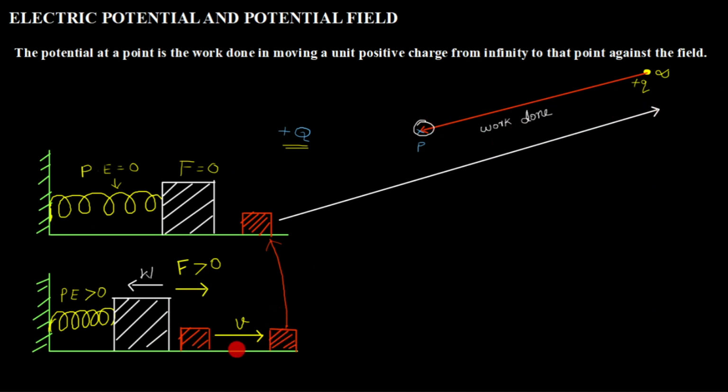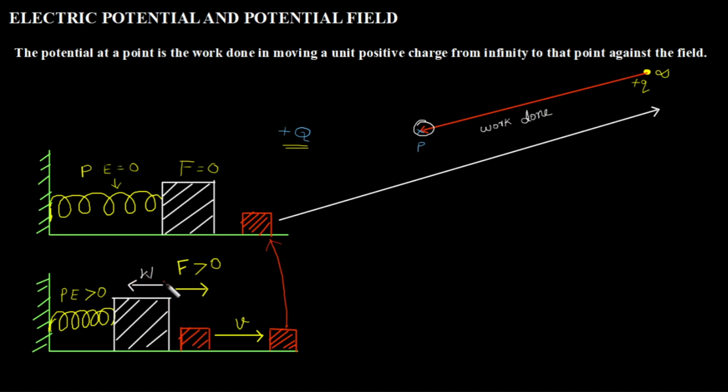So you bring it very near and you are doing a work, holding it, releasing it, holding it, releasing it. Whenever you are trying to bring it, this will push. So the force experienced by this small box is equivalent to the work done. Is it not? How is it equivalent?